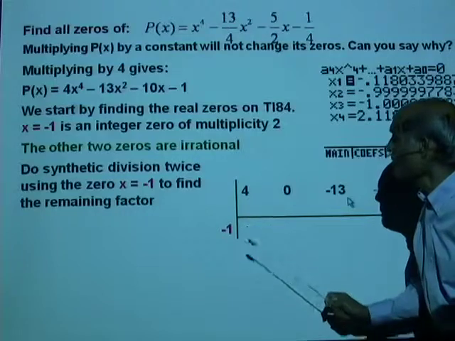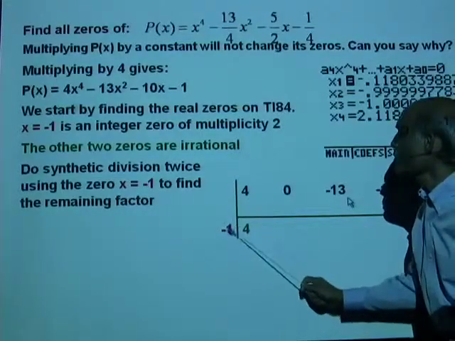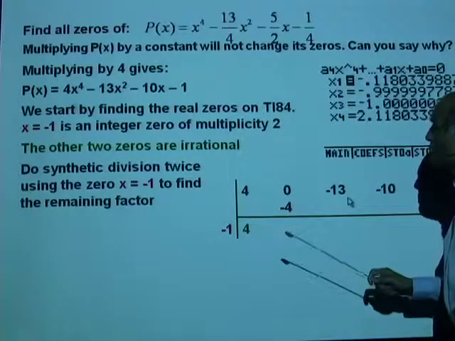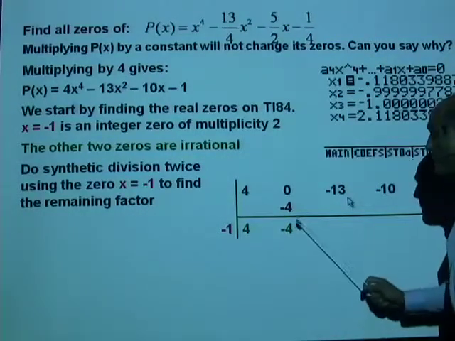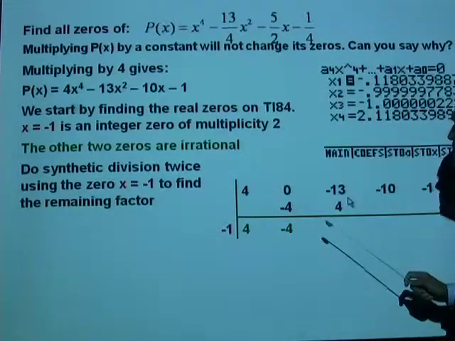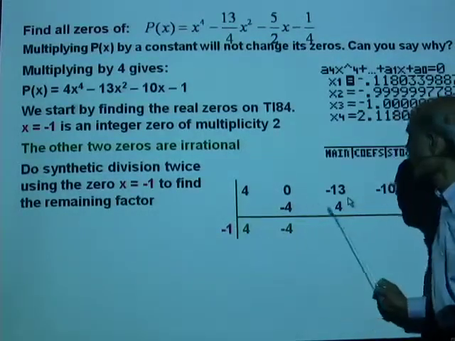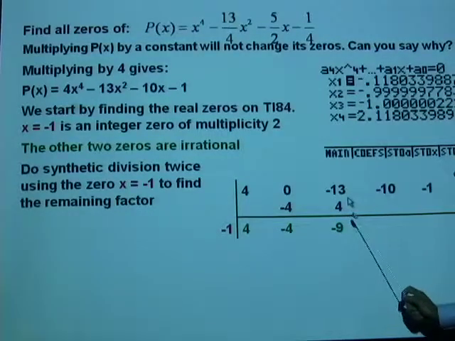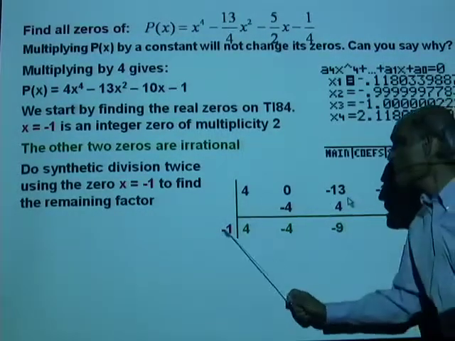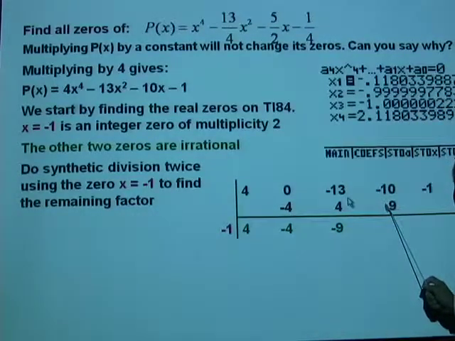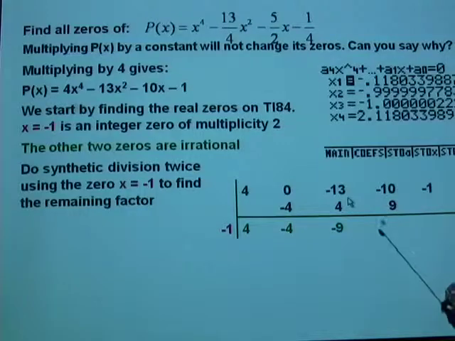Alright, that'll be 4, carried down. 4 times negative 1 is negative 4. Added to 0 is negative 4. Negative 4 times negative 1 is positive 4. Negative 13 plus 4 is negative 9. Negative 9 times negative 1 is positive 9. 9 added to negative 10 is negative 1.